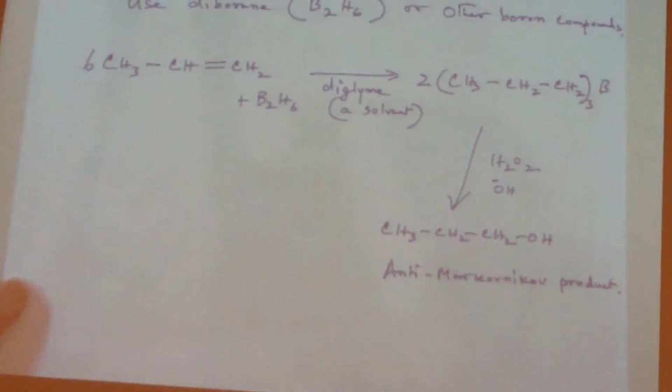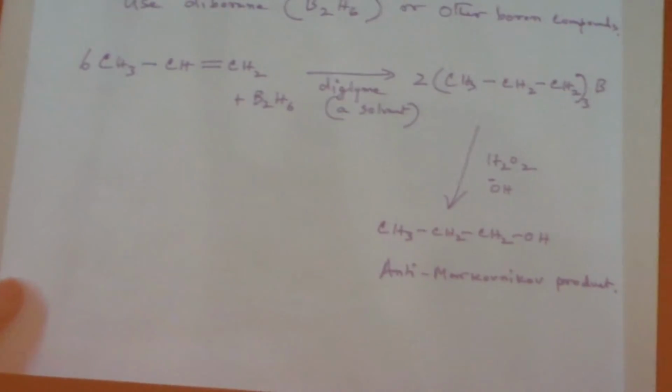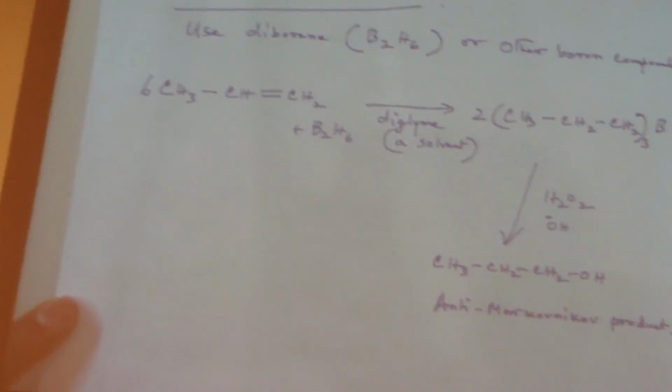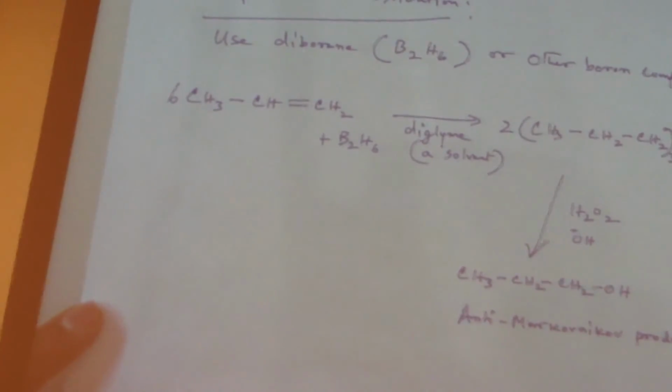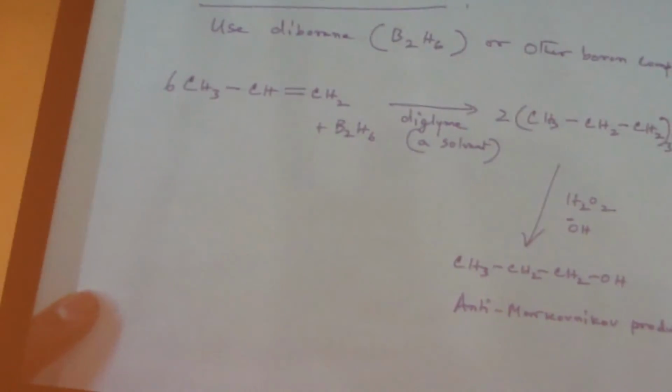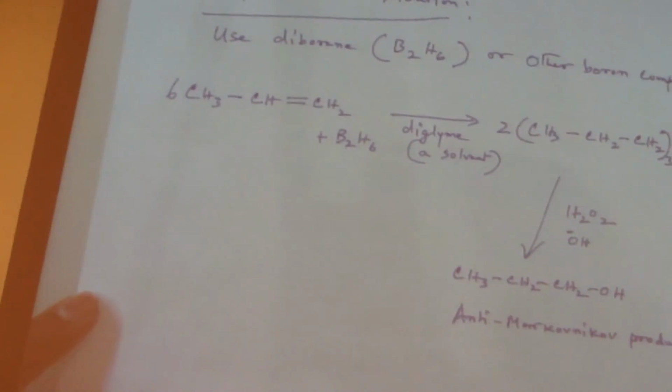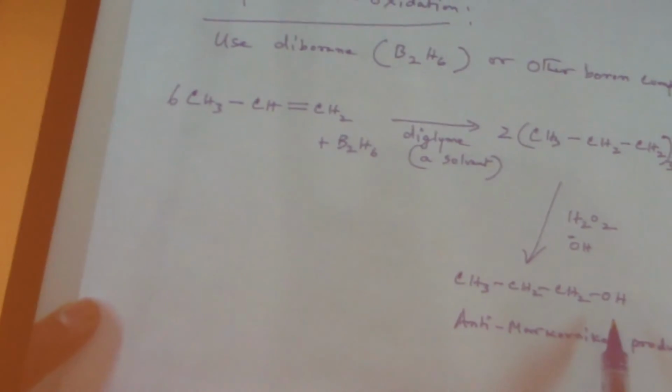First step is reaction with diborane in the diglyme solvent. Sometimes tetrahydrofuran is also used. And then the second step, you use hydrogen peroxide and base to hydrolyze that complex and form the corresponding alcohol.